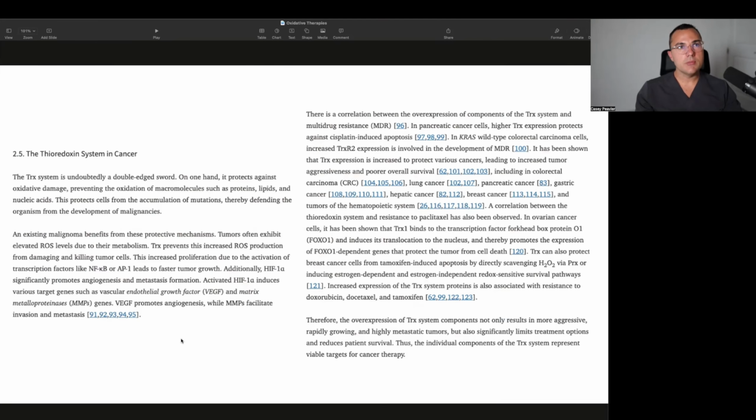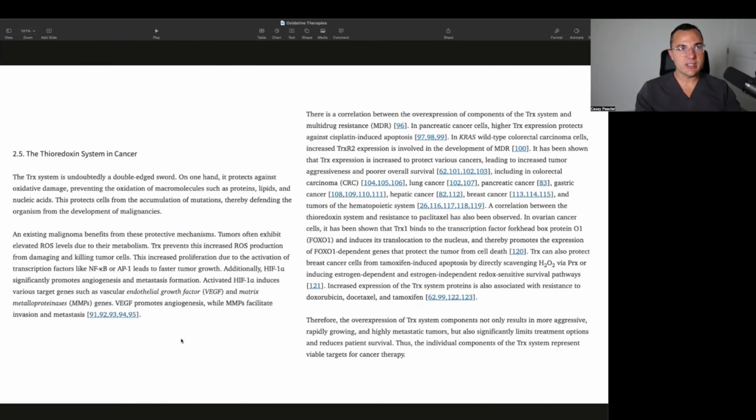There's a correlation between the overexpression of components of the TRX system and multi-drug resistance, MDR. In pancreatic cancer cells, higher TRX expression protects against cisplatin-induced apoptosis. In KRAS wild-type colorectal cancer cells, increased TRX-R2 expression is involved in the development of MDR.